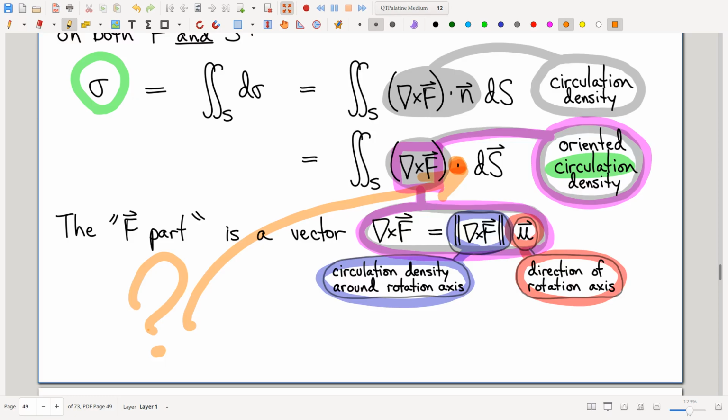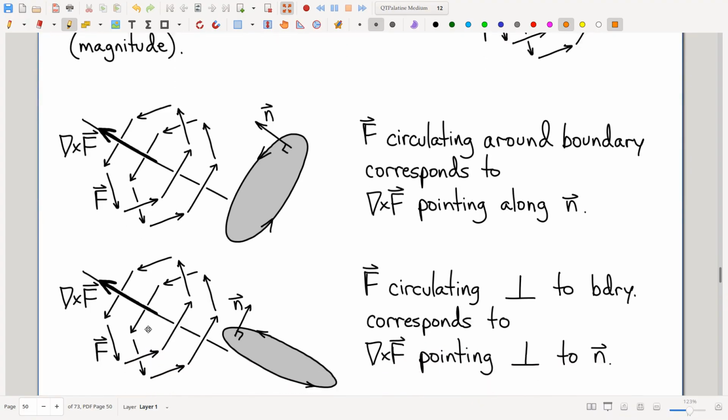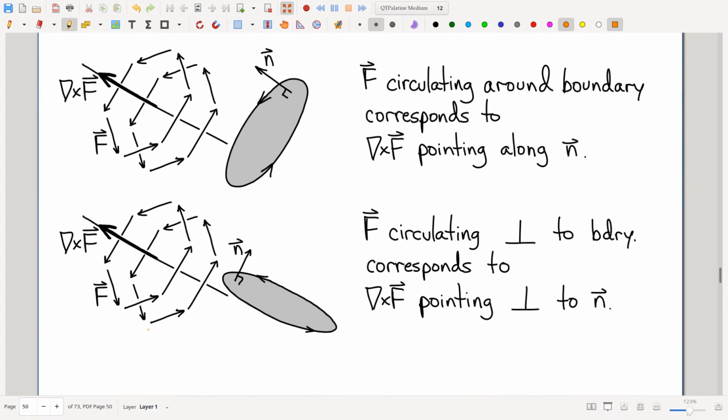Or said differently, given that it's a dot product, is the dot product consistent with the idea of the curl and the normal vector and the dS actually telling me how much circulation there actually is? So I'm going to try to persuade you of this by just showing you two different circumstances and showing how they both kind of track. They both make sense. This isn't going to prove anything. Think of this as just a couple of examples of the dot product formula making sense.